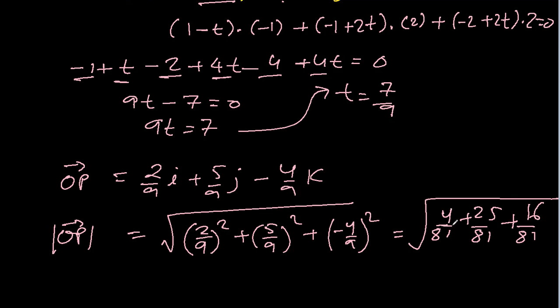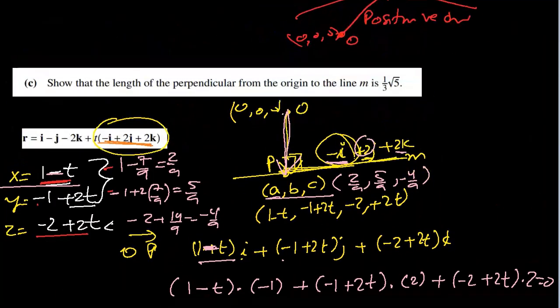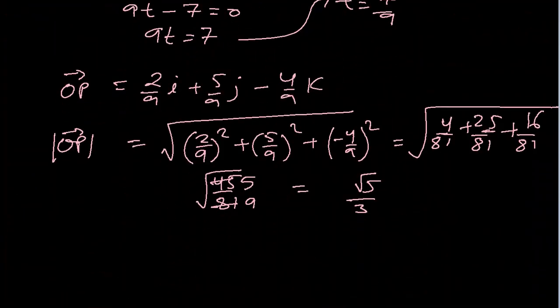So that becomes how much? 29 plus 16, 45 over 81. We can simplify this by dividing by 9, so it becomes square root of 5 over 9. So square root 5 remains square root 5, but 9 has a square root of 3. And in what format do they want us to express it? Let's see. 1 over 3 square root 5, which is perfect. We can write this as 1 over 3 square root 5 units. We've shown it.